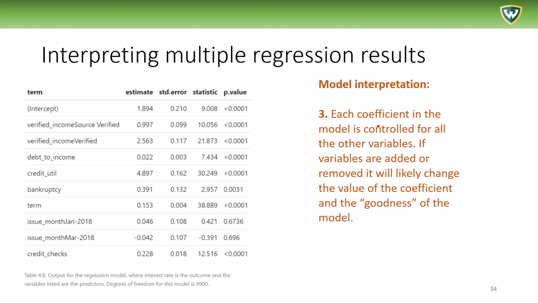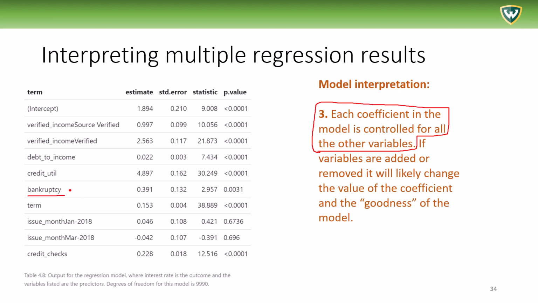And each coefficient in the model is controlled for all the other variables. So let's just take this first part here. Each coefficient in the model is controlled for all the other variables. So that's why we say on average and everything else equal. On average because, once again, this is a generalization. It's a model. It's not the actual data, it's a generalization of the data. And we say everything else equal because, for example, let's focus on bankruptcy.